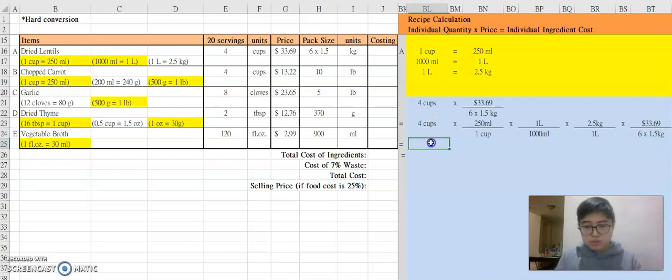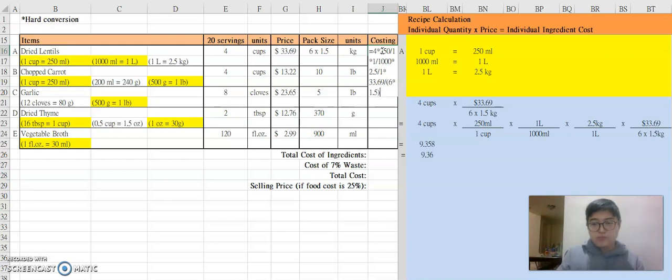All of them can cross out, and then the answer is 9.358, and to 2 decimal places is 9.36. The equation is 4 times 250 divided by 1 times 1000 times 2.5 times 50.69 divided by open bracket 6 times 1.5. The answer is the same.